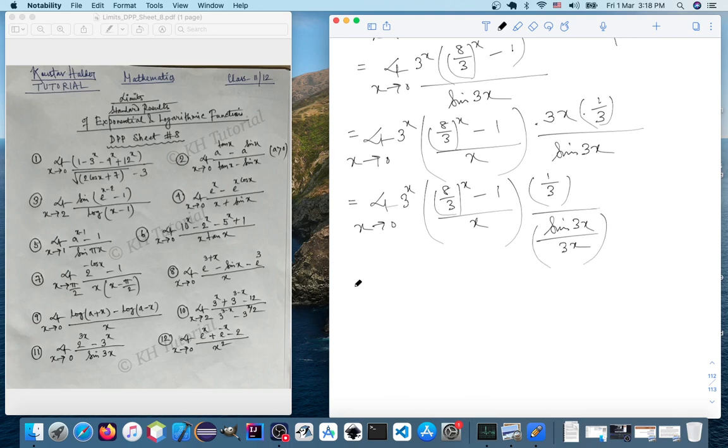Now we can apply the standard result and we get 3 to the power 0 into log e 8 by 3 into 1 by 3 into 1 by 1. This is log e 8 by 3. Okay, the answer given is like this.